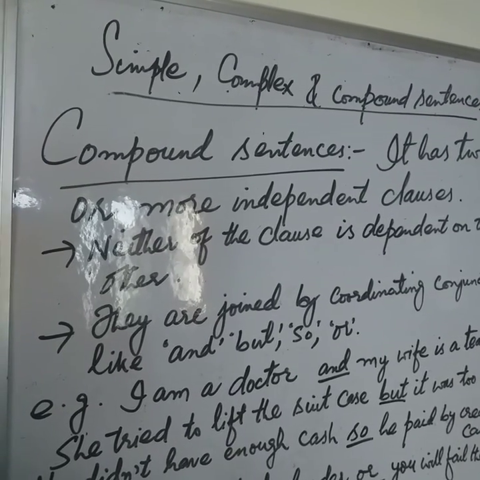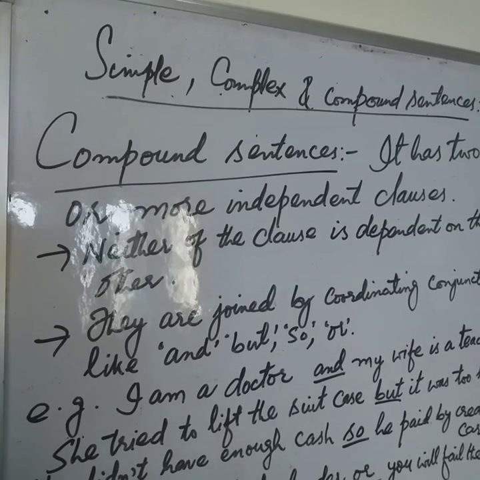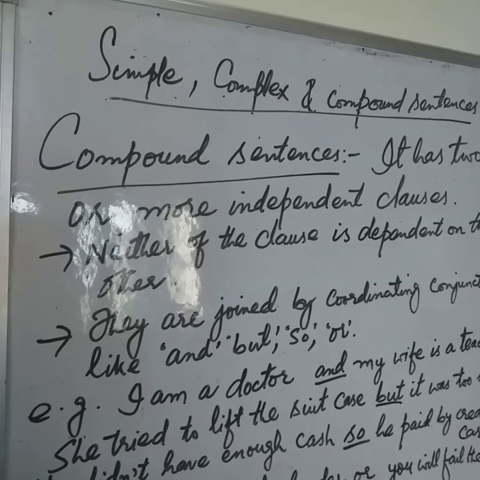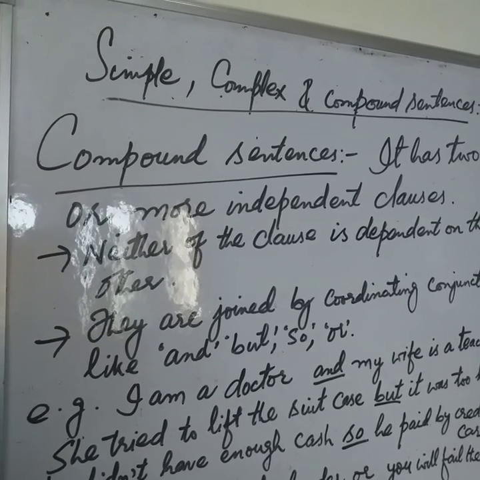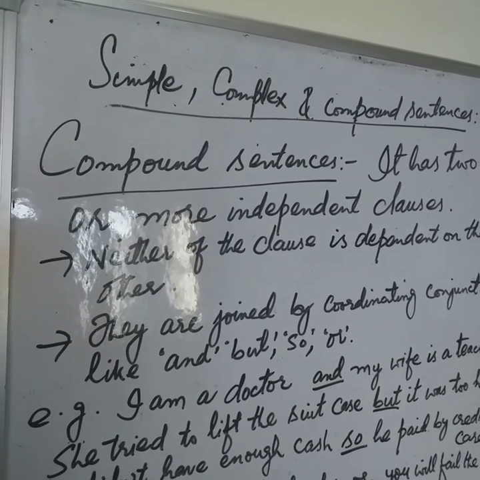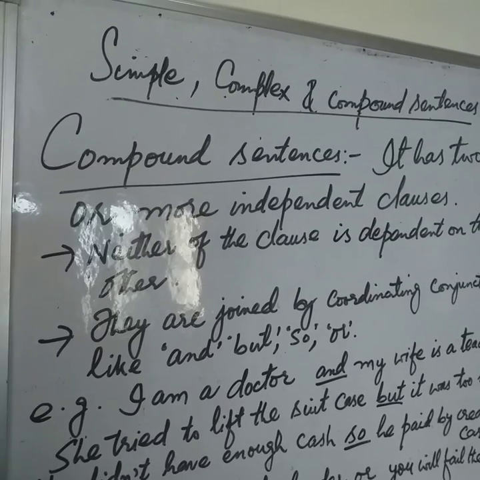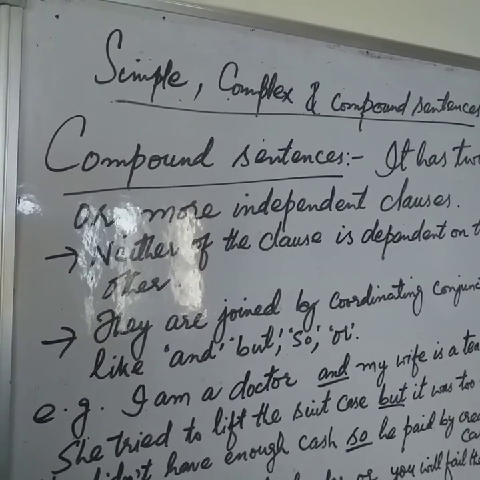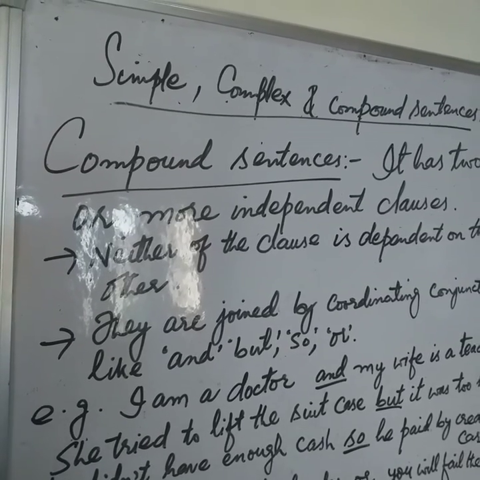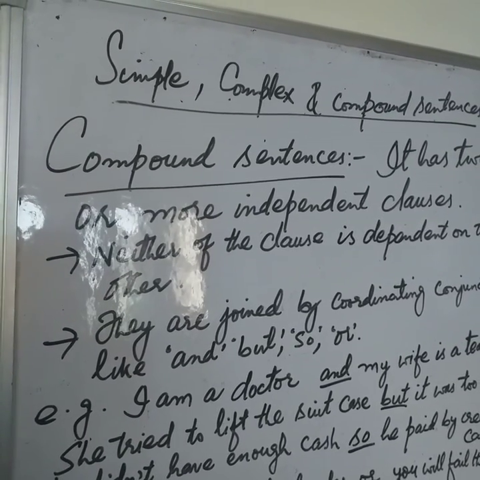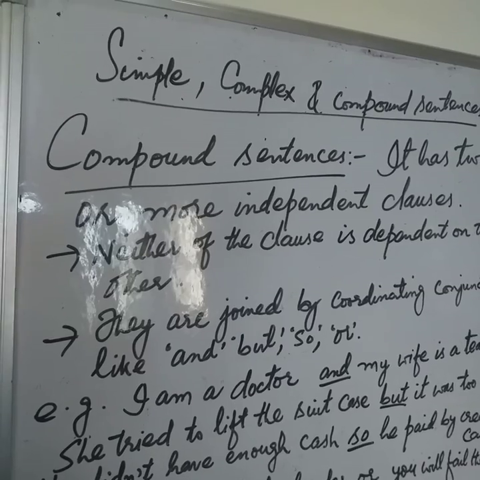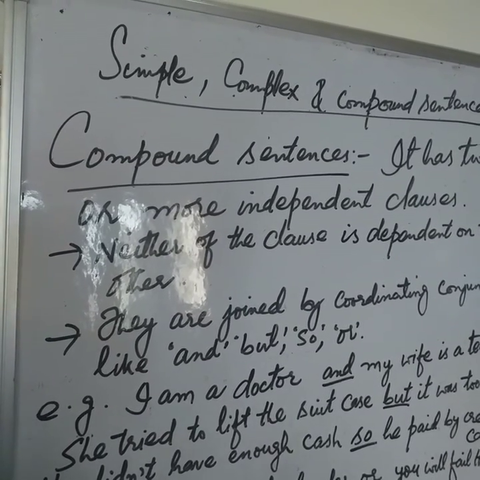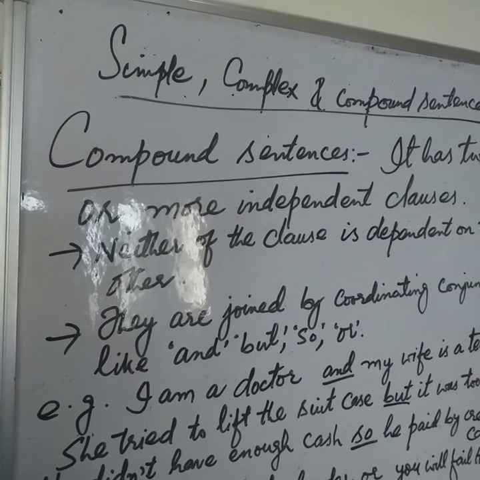That's why we say that a compound sentence has two or more independent clauses and they work independently. One more point, these two clauses are joined by coordinating conjunctions, or simply we can say they are joined by conjunctions like and, but, so, or. You will find these conjunctions in a compound sentence.